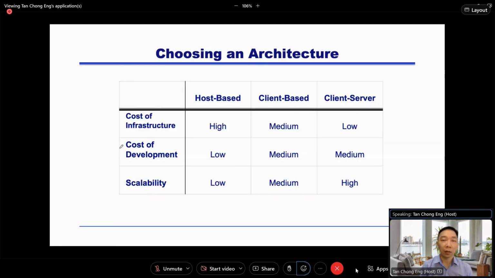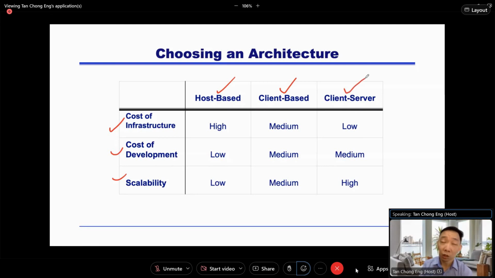So when choosing an architecture, it's better to look at it from a table. The criteria are three, and I think we have just gone through these three. Host base is where most of the data and processing logic is on the server, which is the host. And then the client base, where the processing will be a lot on the client itself, or a shared model of client server.